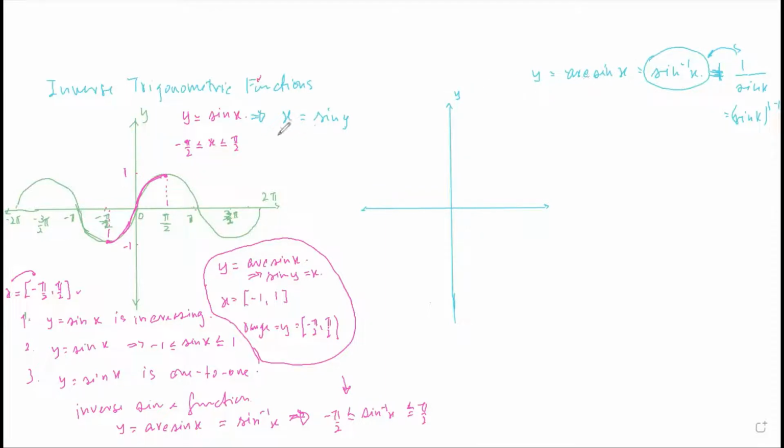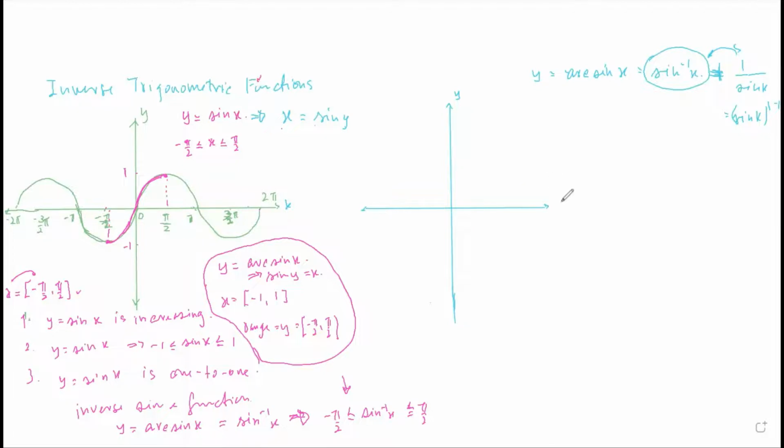When you invert this, before, x represented the value of pi and the y-axis represented the number. Now for arc sine x, the inverse sine function, we swap it.